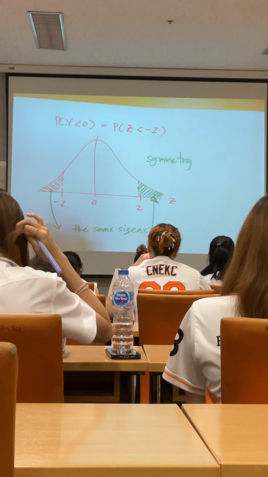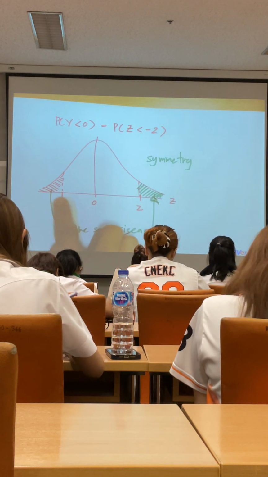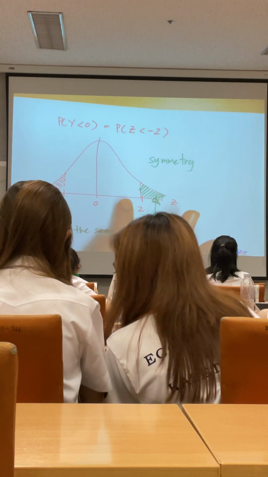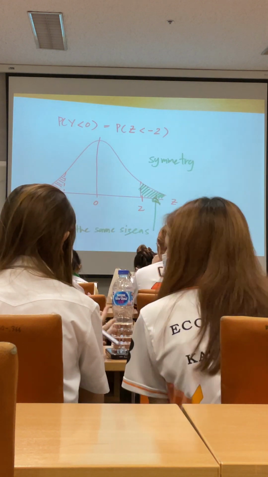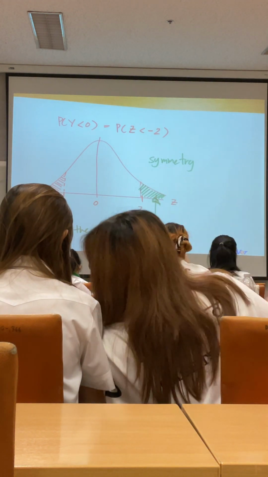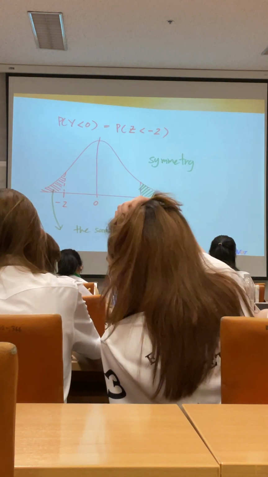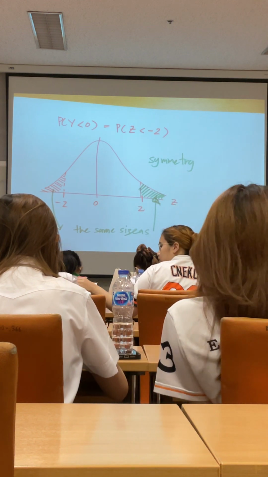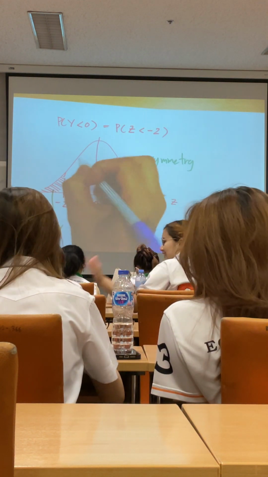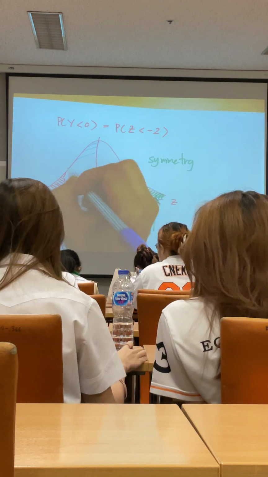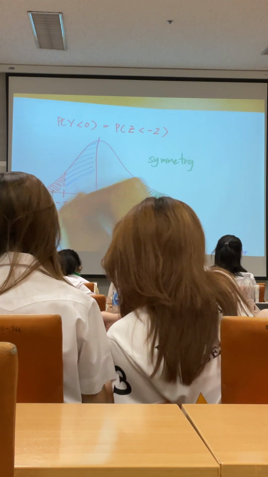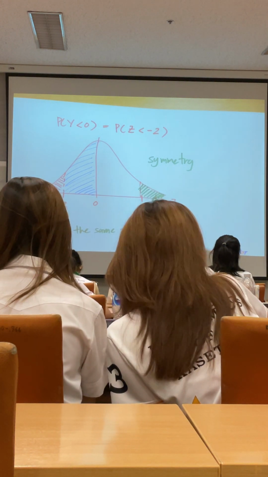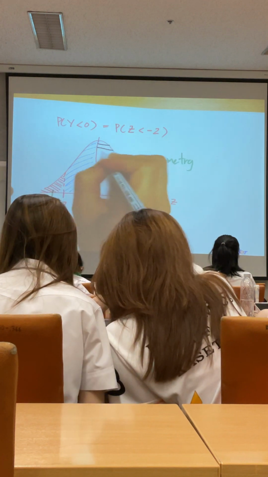Whatever you want to find on the negative side, you can find the same thing on the positive side and then flip it. Let me give you an example. Let's say that what you want to find is the blue area here. The blue area will be equal to the black area.